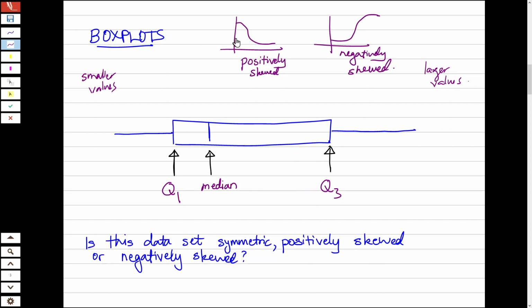So here, the positive values, the larger values, are more spread out. Because remember, you've got 25% here, and you've got 25% here. So in the positive direction, the data is more spread out. So this one's actually positively skewed.